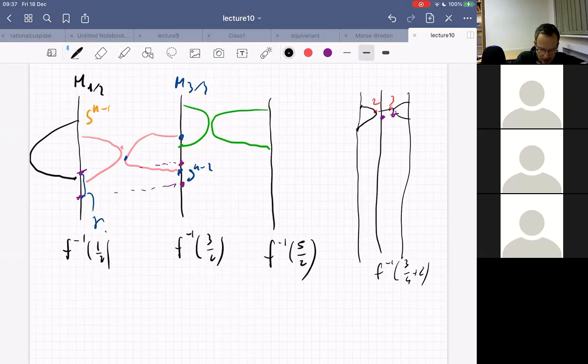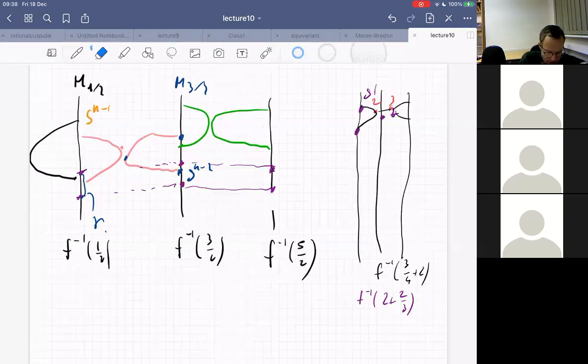But the key point is that I have here a sphere S1 at the level set f inverse of 2 plus 2 over 3. And I have another sphere, or maybe I can also flow this sphere.